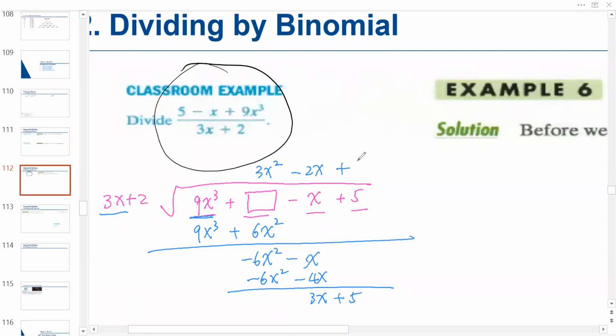So finally 1. So here we just need 1. So it matches up here, right? So the leftover is 3. Okay, so this result is 3x squared minus 2x plus 1, and the remainder is 3. So this is the quotient. This is the remainder. This is the dividend.